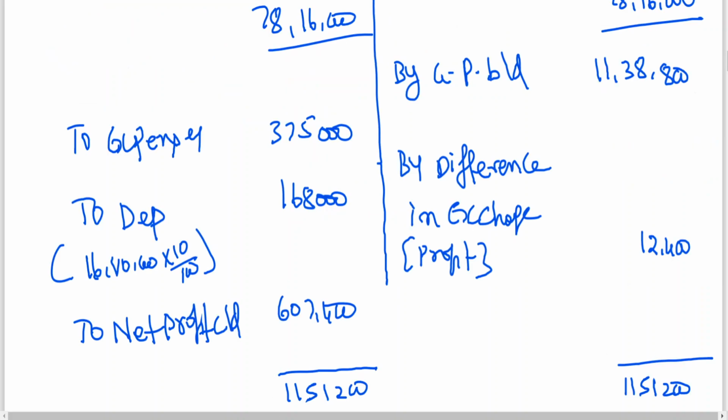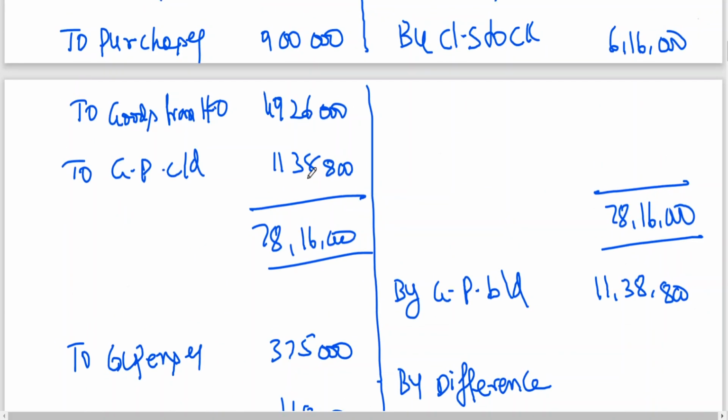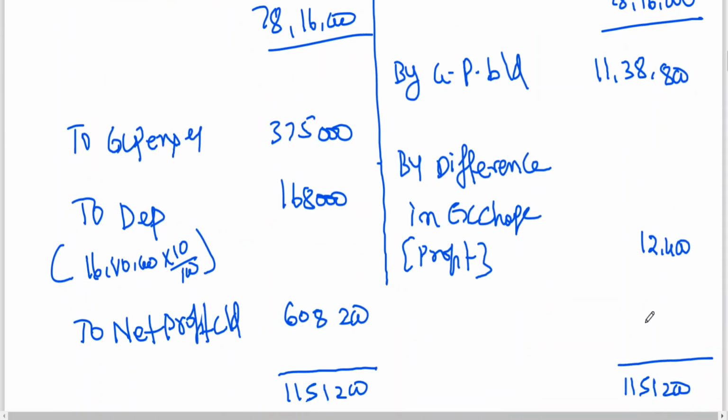Yeah, it is a calculation totaling mistake I have done. It is 6 lakhs 8,200, because here I have taken 11 lakh 38,800. I had written 11 lakh 38,000, just now changed it. So 11 lakh 38,800 plus 12,400 is 11 lakh 51,200. 11 lakh 51,200 minus 3 lakh 75,000 minus 1 lakh 68,000.